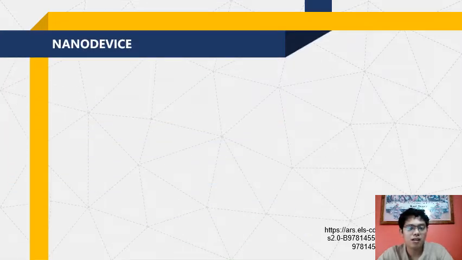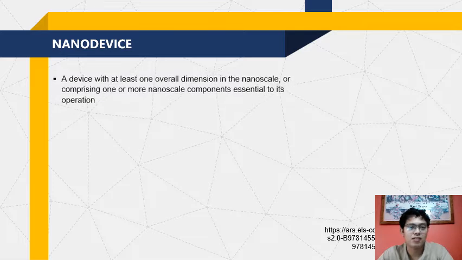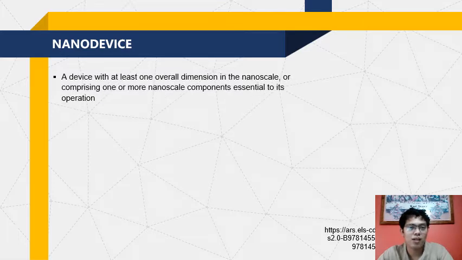Now, these nanomaterials are being used in order to create nano devices that can be applied to different fields. And this nano device has one overall dimension in the nanoscale or comprising one or more nanoscale components essential to its operation.